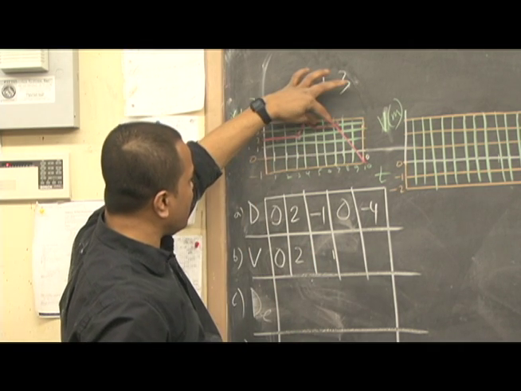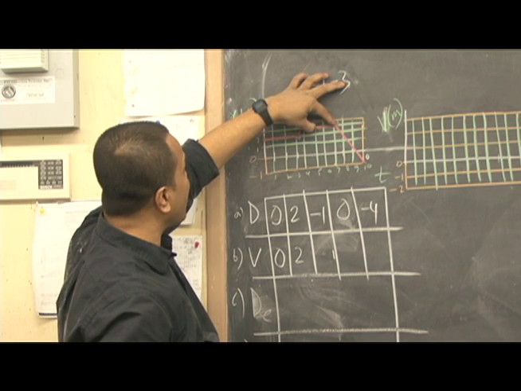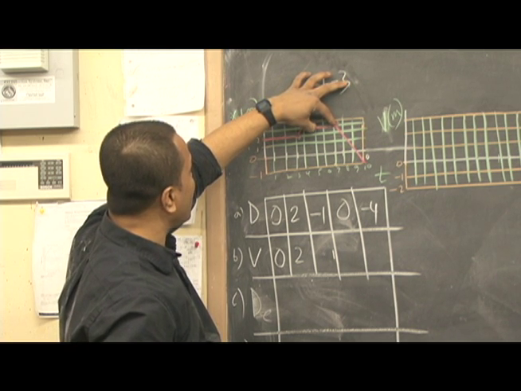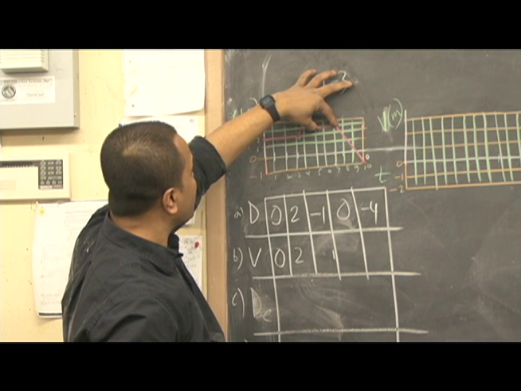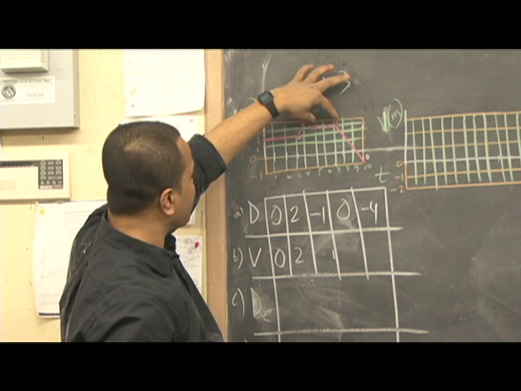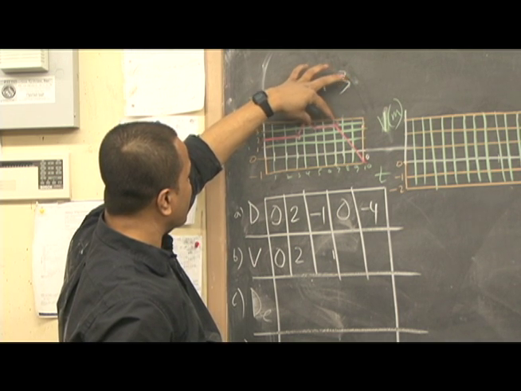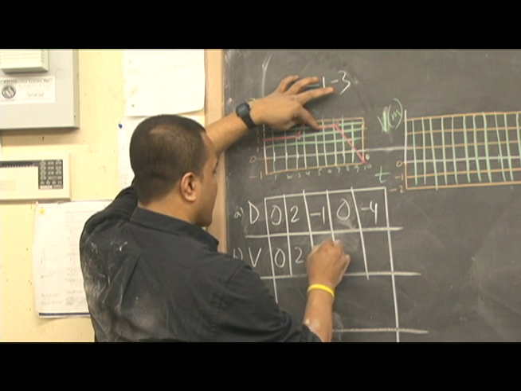What about this one? 7 minus 5 is 2, 2 divided by negative 1. Okay, so this is negative 1 divided by 1, which is negative 1.